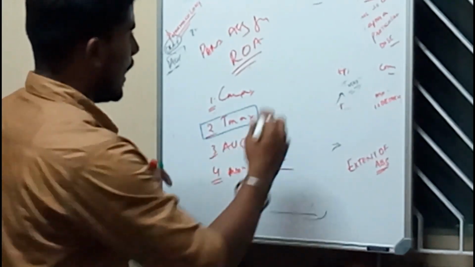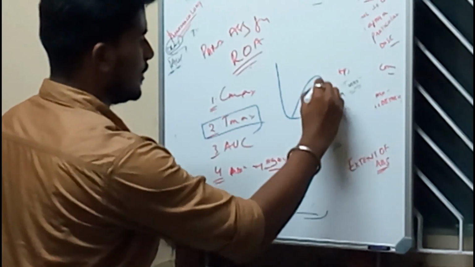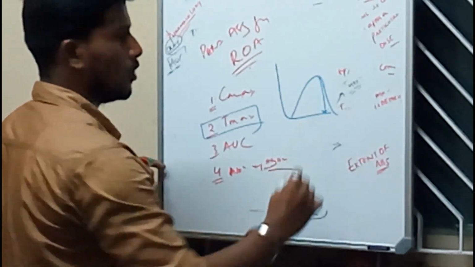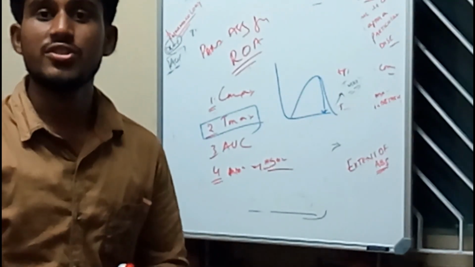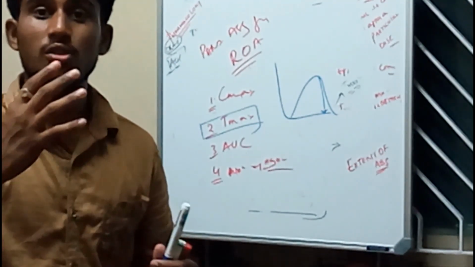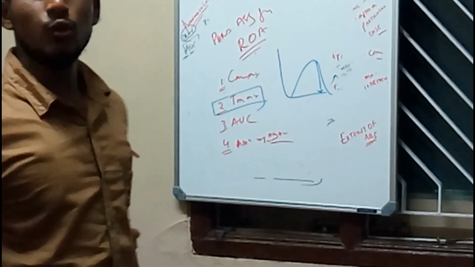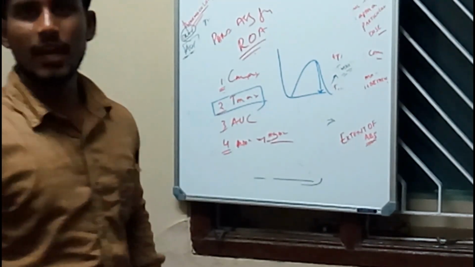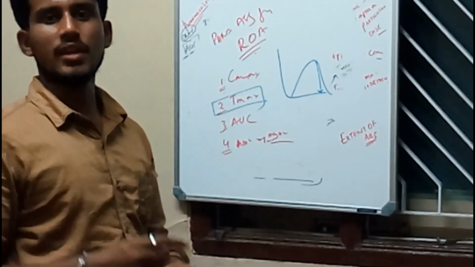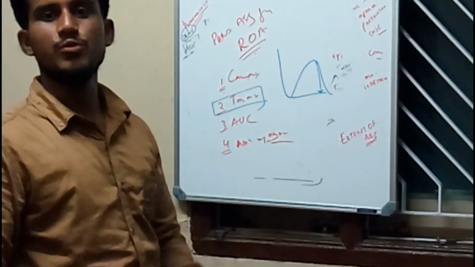The higher the Tmax, the lower the plasma concentration obtained. This should be kept in mind. They used to ask one of the beautiful questions: what are the parameters assessed for the rate of absorption?